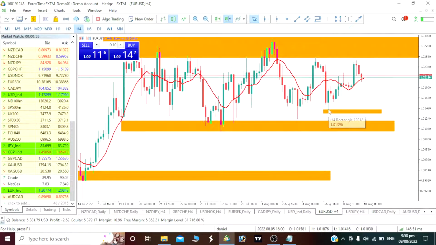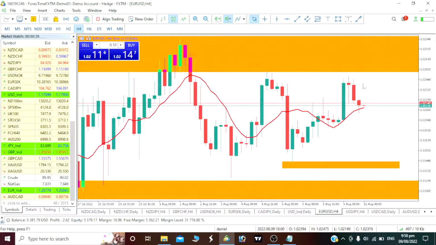So now that we've hit this level and we've pushed up, we can take it as our price has hit our support and resistance level. So we will be expecting a drop down to this level again, where we've once predicted our price will hit. Currently our price is trading at 1.02116, right?